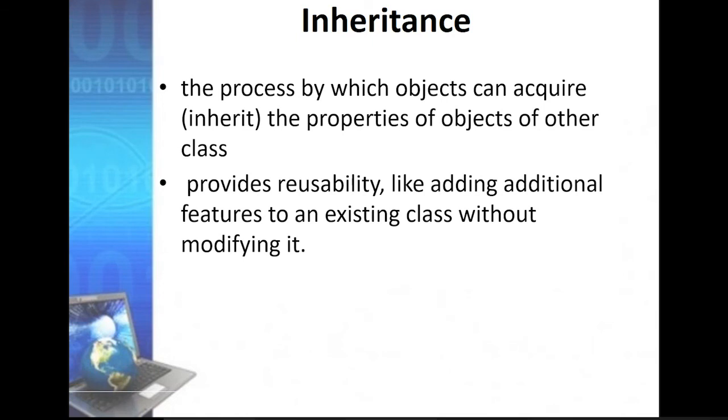What if you have a unique talent that you did not inherit from your parents? That is also possible here. With inheritance, you can add additional attributes and methods to your object without editing the class itself. Clear? Did you get inheritance? Yes, sir. Okay, sige.